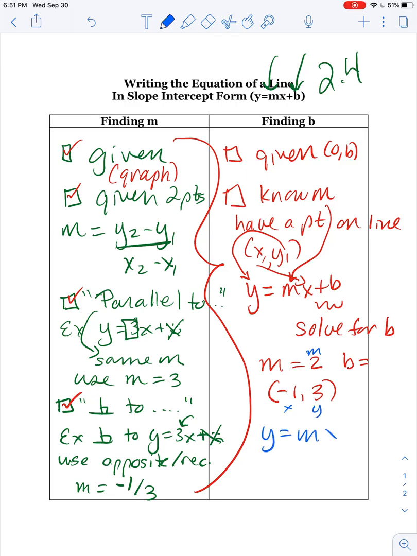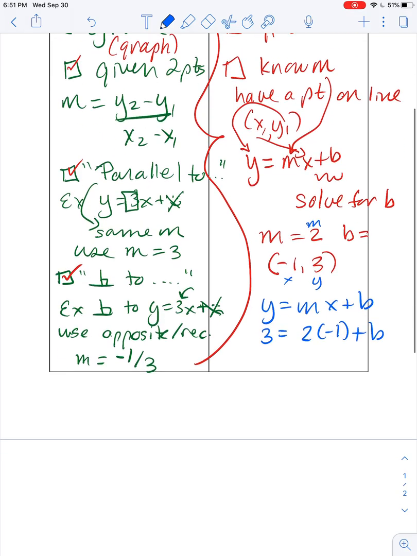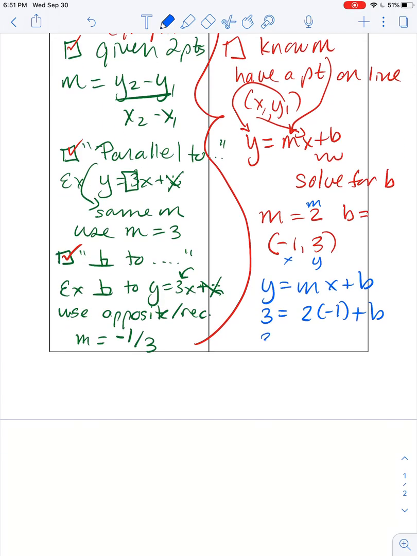Obviously, the slope is the slope, and this is an x and this is a y. So start with your equation every single time and put the y in for y, the m in for m, the x in for x, and the only thing you won't know is the b value. So then you're just going to solve for b, which should usually be a pretty easy mathematical process.